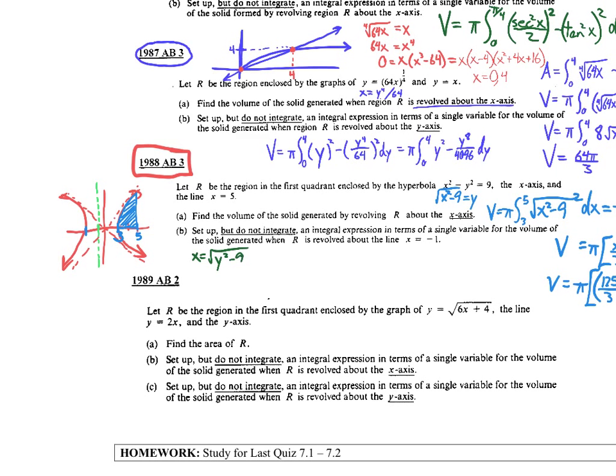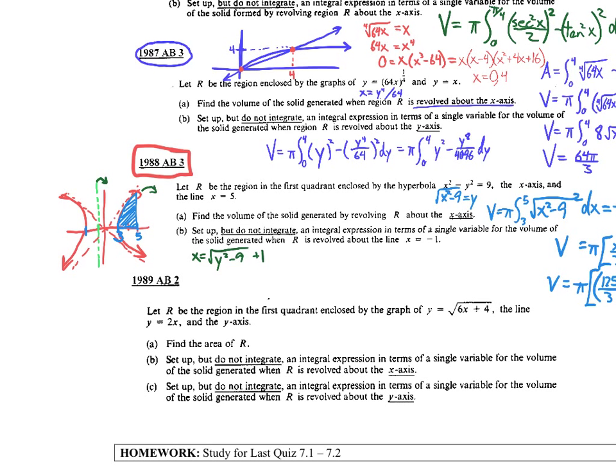And then because I'm revolving it around the line x equals -1, I actually need to shift everything to the right 1 unit. So I'm going to add 1 over here on this side. Same thing as horizontal translation, where I would do x minus 1. Well, I'm just adding 1 to both sides there to move it to the right 1 space.